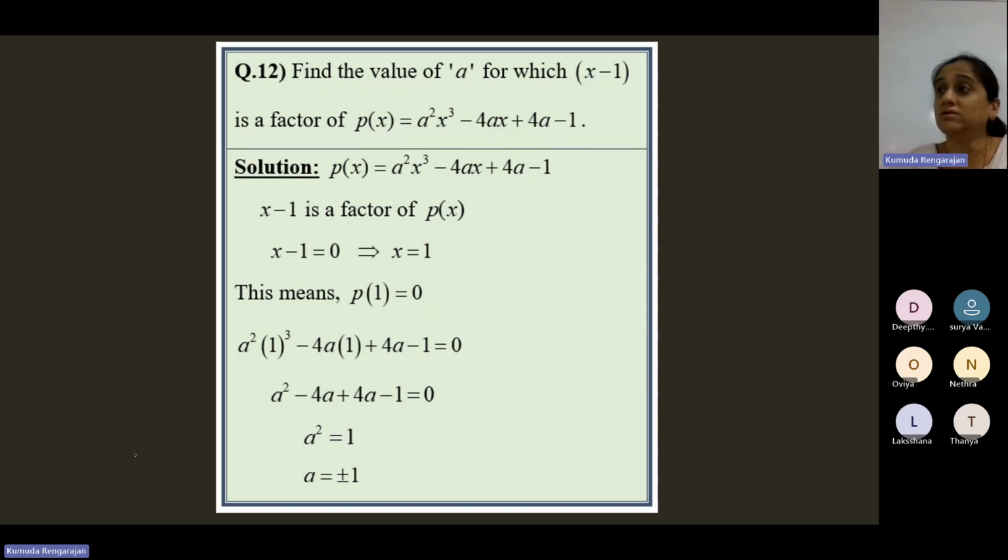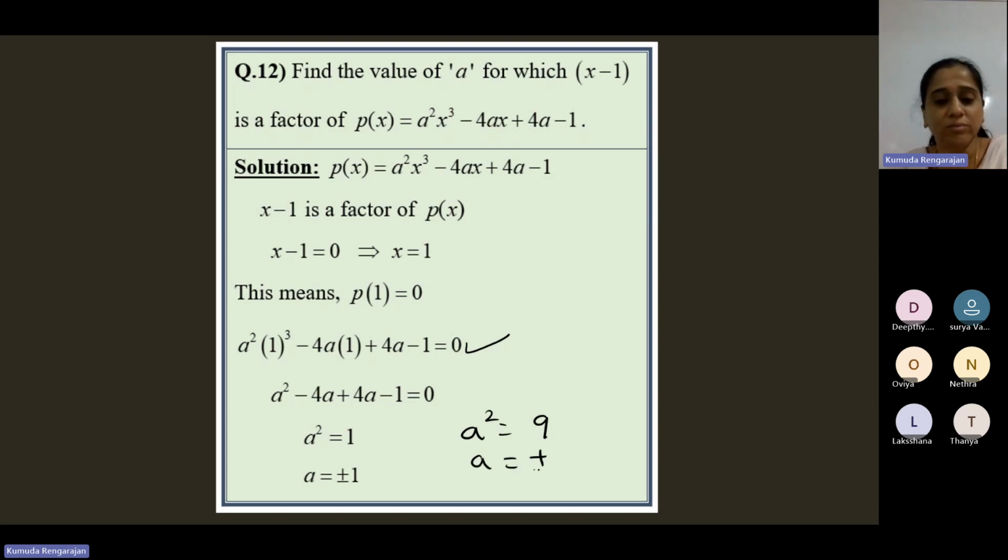What's your doubt, Nuved? Are you talking about this step? A squared is equal to 1, A is equal to plus or minus 1. You're asking me this? Okay, so if supposing A square is equal to 9, then what is A?